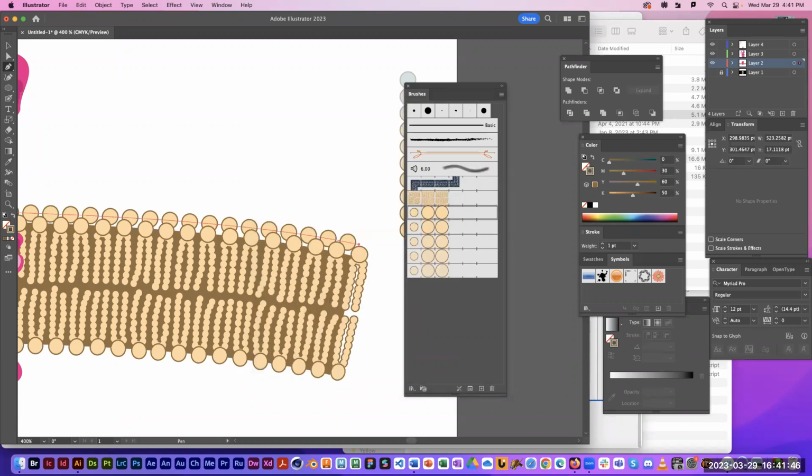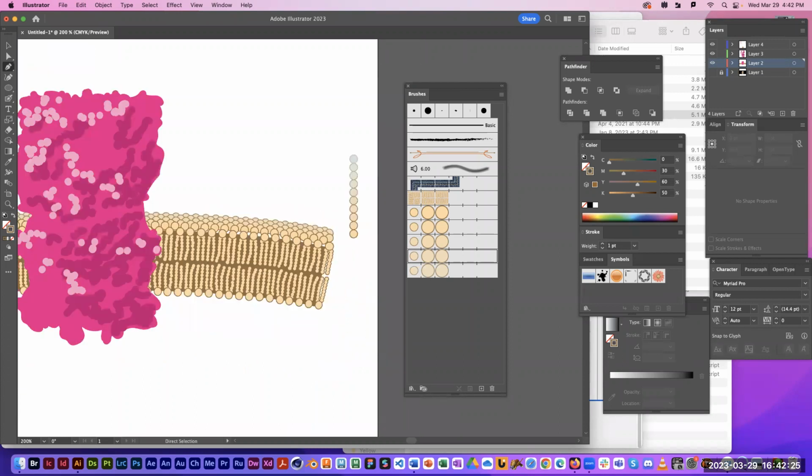So then I can select this one, copy, paste in back, move it up, nudge it over a little bit, but give it ball 2 color, copy, paste in back, nudge it up, move it over, ball 3, copy, paste in back, move it up, move it over, ball 4, copy, paste in back, move it up, move it over, ball 5, and I continue to do that until I got through all 10 of these to make it look like it was fading into the background.